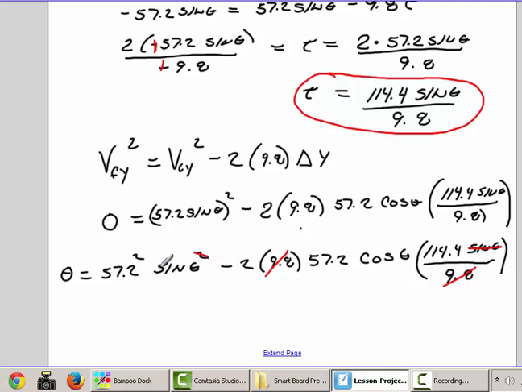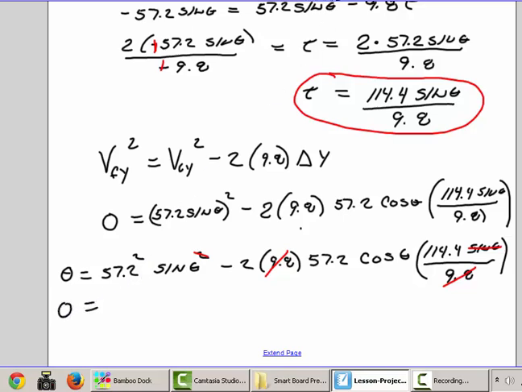Now, one of the things I could do, remember earlier we said that 114.4 is nothing more than 2 times 57.2 right here. So if I divide everything by 57.2 squared, so 0 divided by 57.2 is still 0 here.